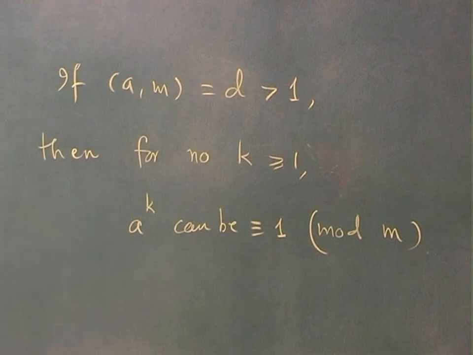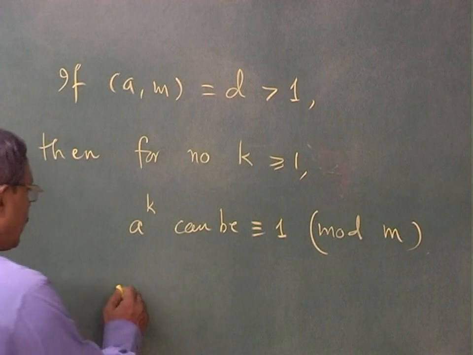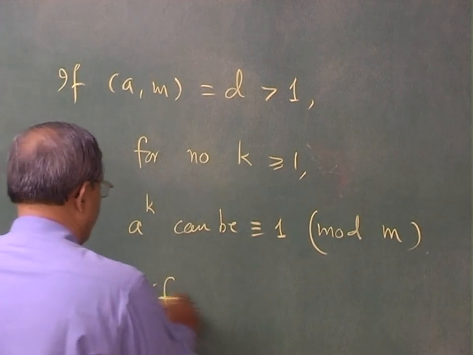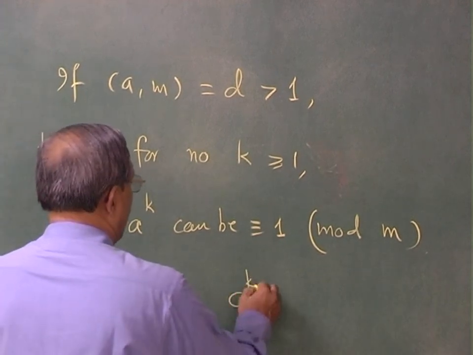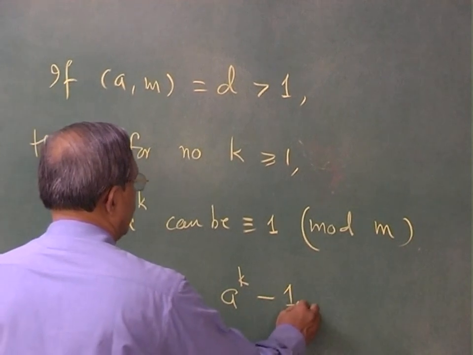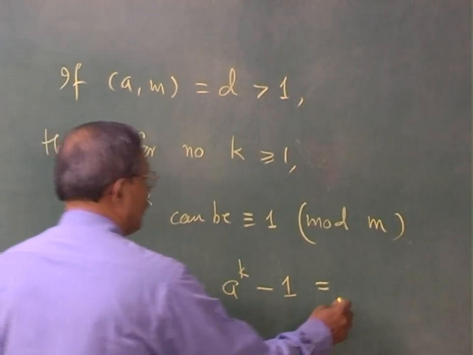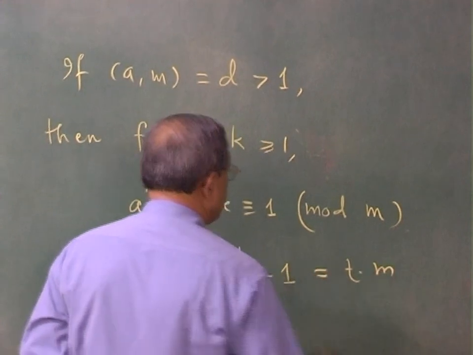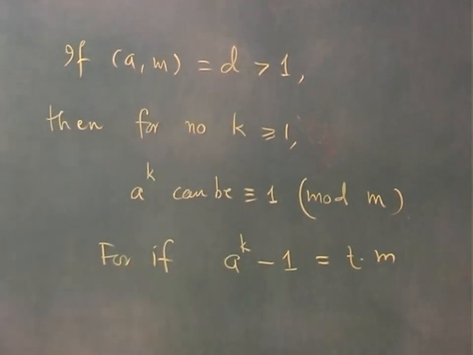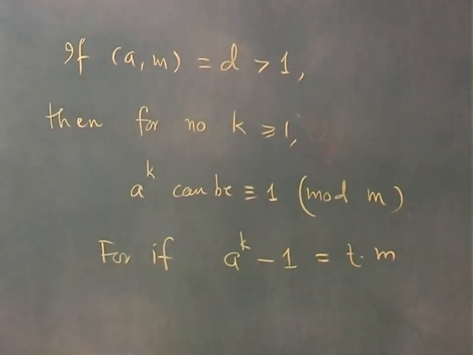That is because if it is so, then A raised to k minus 1 is a multiple of m, say t times m.